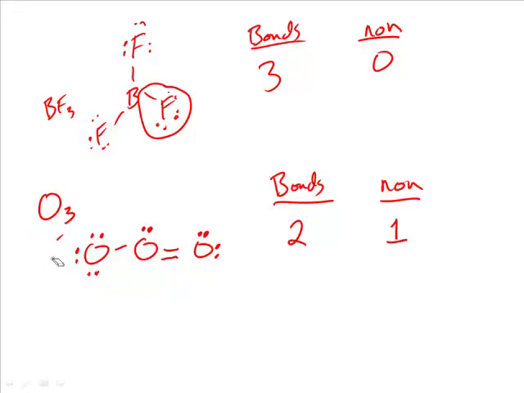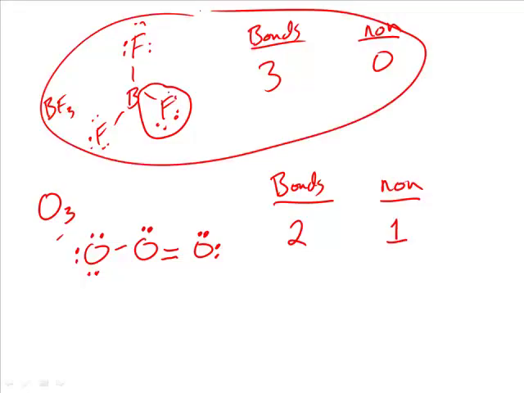So now the key to understanding what shape this is, it's basically the same shape as what we've done up here. But instead of one of these being a bond, now it's just a non-bonding pair. So what this shape actually looks like is a trigonal planar with one of the bonds taken off.